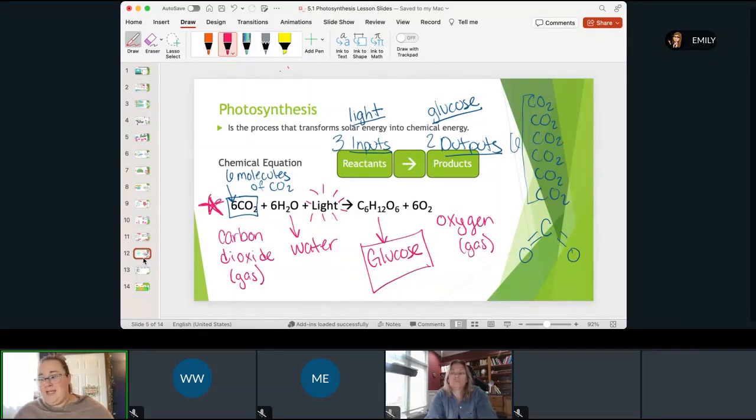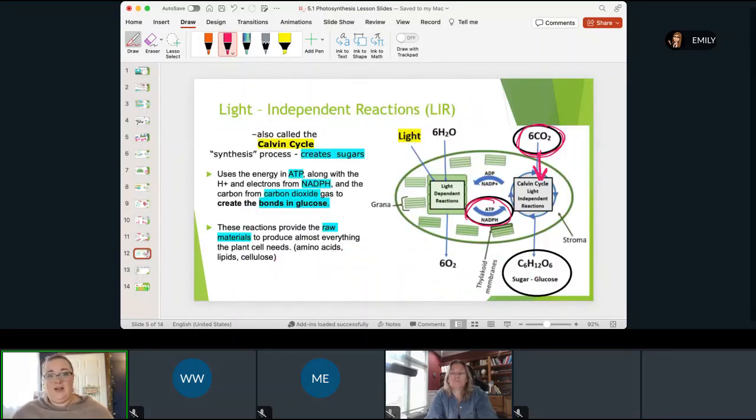These ATP and NADPH, they're already kind of in the cell as ADP and NADP plus. Okay, so although we have 3 main reactants for the whole process, these count as a reactant for the Calvin cycle. Does that make sense?